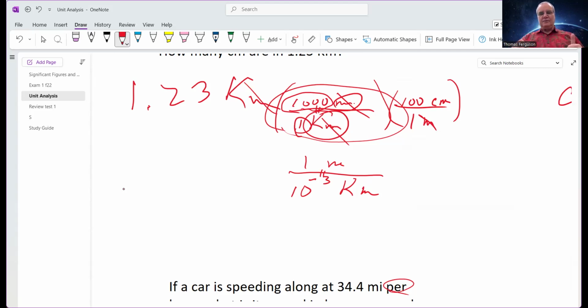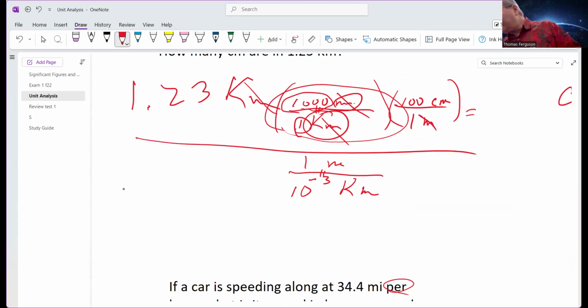Okay, all right, so this is the setup, and again, 90% of the credit is for setup.